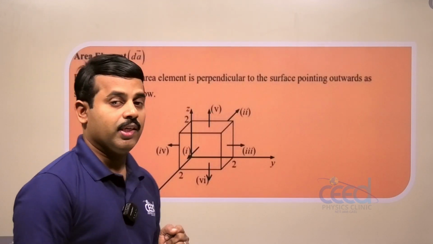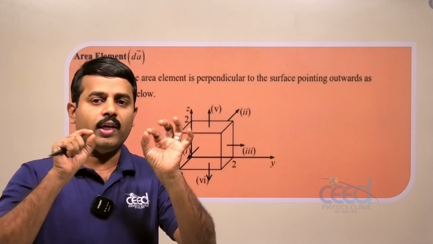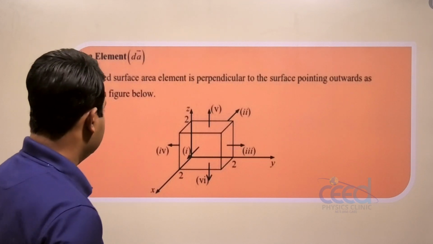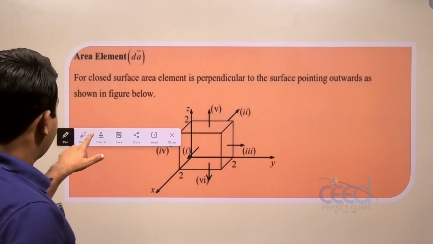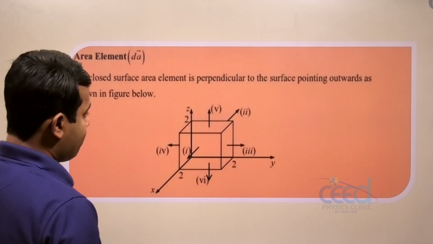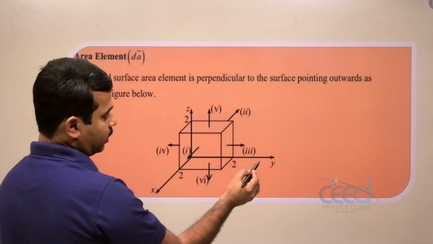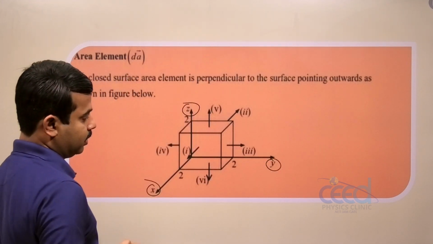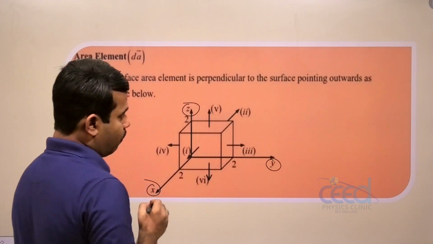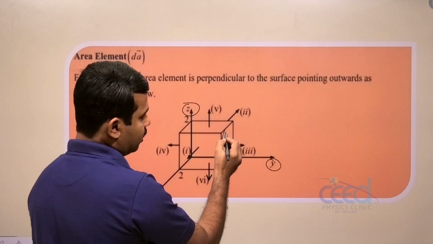Now area representation. In a Cartesian coordinate system, how do we represent area? Look here, this is the y axis, this is the x axis, and this is the z axis. So how do we represent this area?